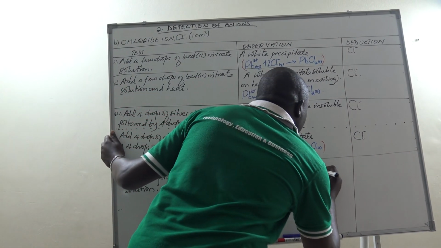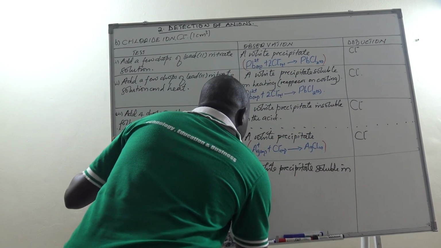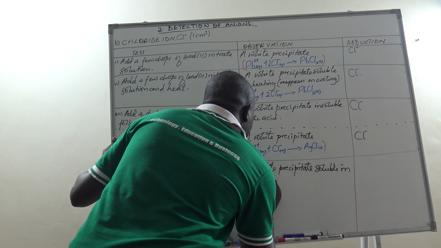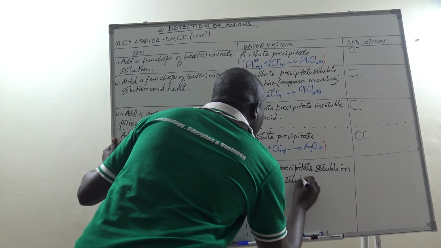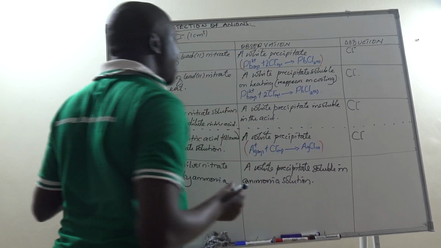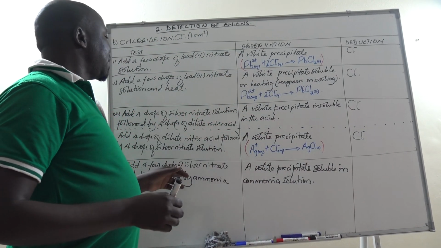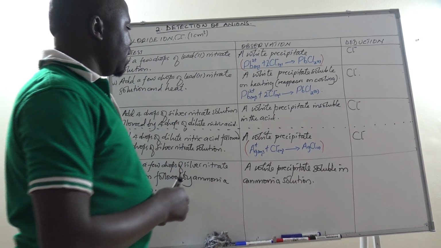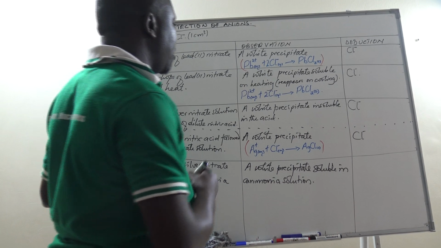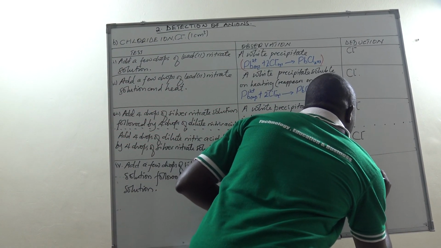So it is soluble in ammonia solution. And in this case, we are not going to talk about the color of the solution formed because we are not dealing with cations, we are dealing with an anion. So it is a white precipitate soluble in ammonia solution, and this means that there is chloride ion.